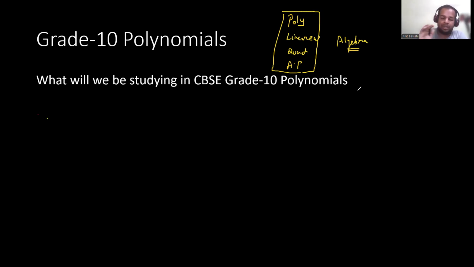In this chapter, grade 10 polynomials, I'll tell you the main picture. The first part is about graphs. By looking at the graphs, we'll get to know what kind of polynomial we're dealing with, and if we have a graph with values, we'll figure out the zeros of it.